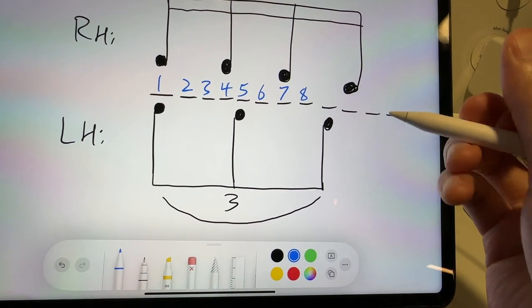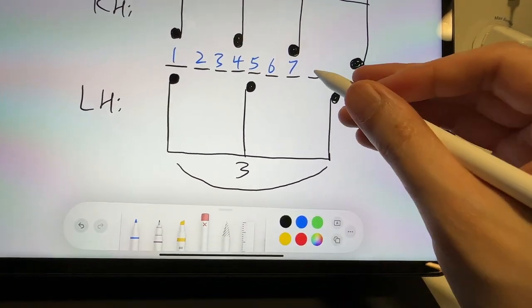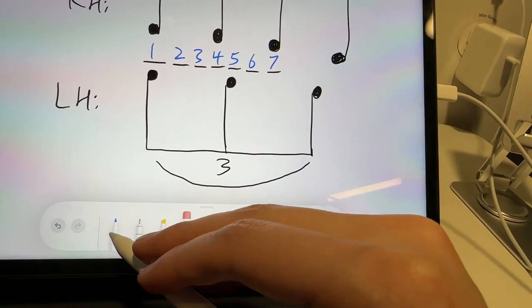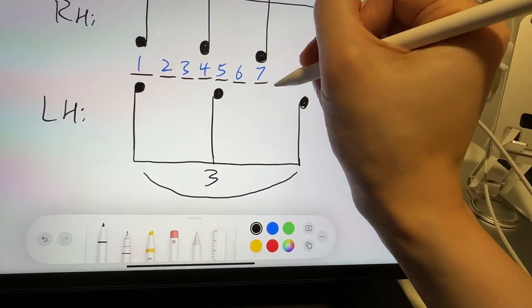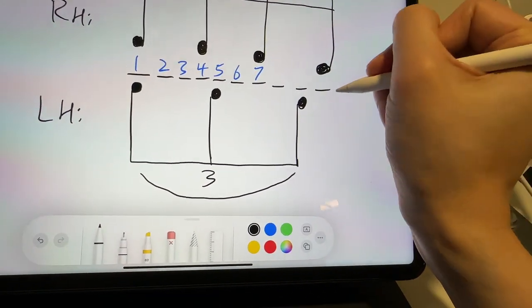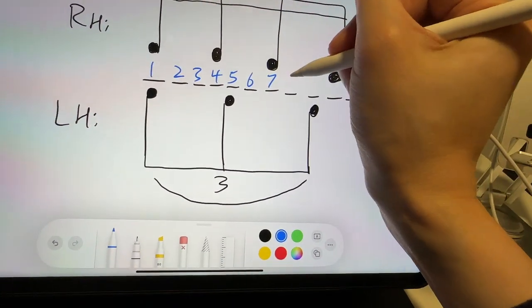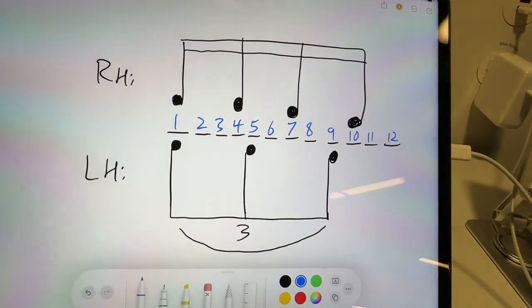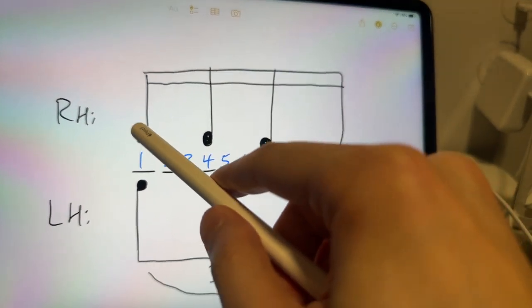Wait a second, I didn't even do this right. It should be... oh wait, was that right? Did I just erase something that actually was right? Okay. All right, so we have these 4 equal parts of 3.